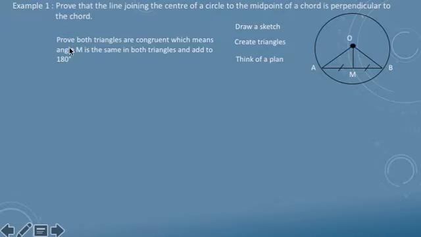The way we're going to show that this is perpendicular is by showing that these two triangles, triangle AMO and BMO, are identical, because if those two triangles are identical, then these two angles here must be the same, and if they're the same, they must both be 90, because that is a straight line.